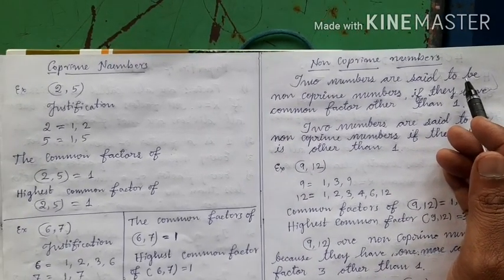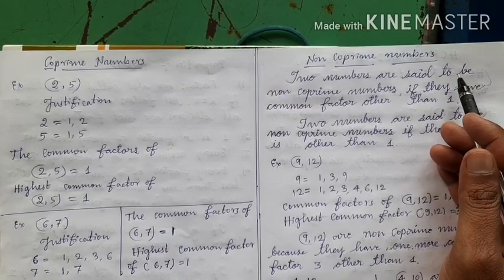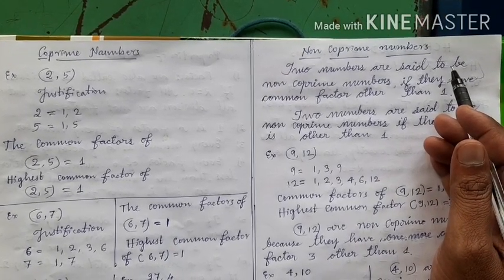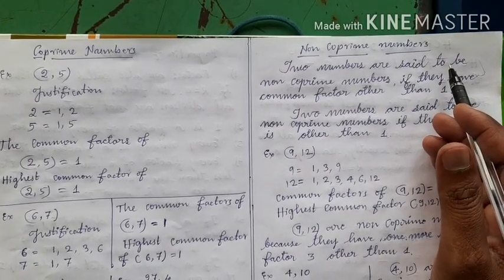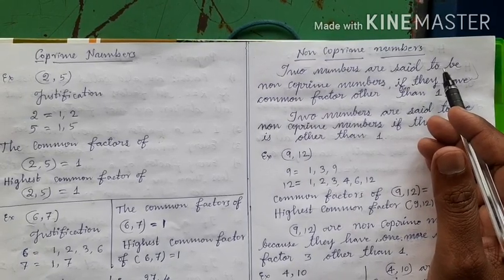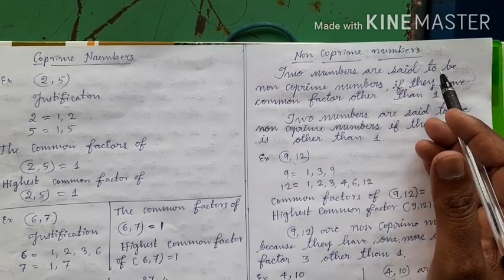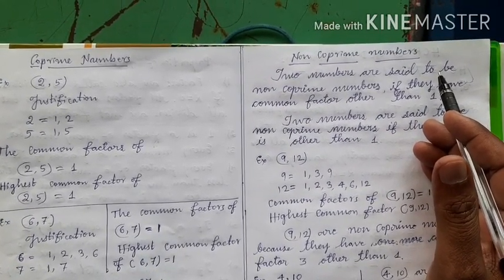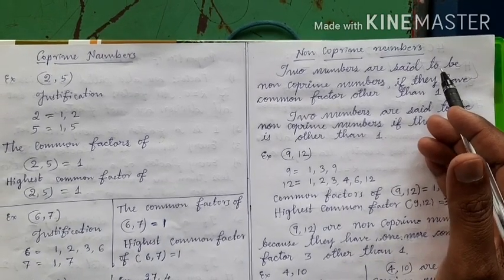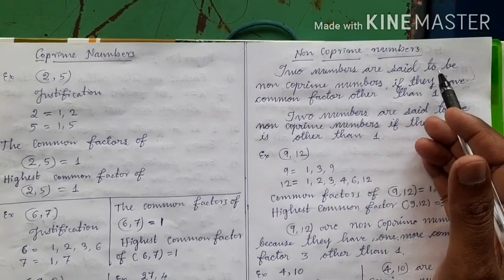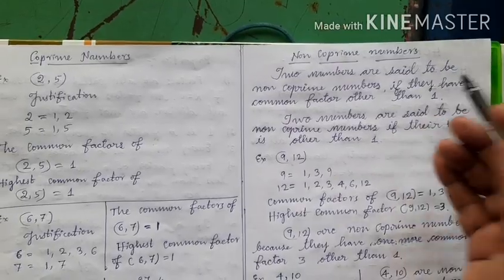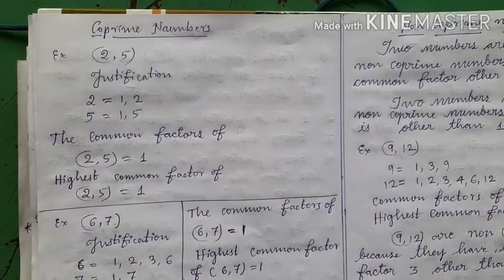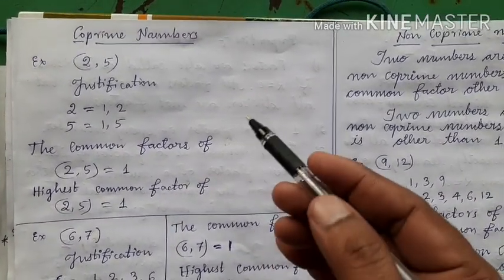If you have the idea about the common factors of two numbers or more than two numbers, then you will definitely be able to identify and justify your answer, whether the given numbers are co-prime numbers or non-co-prime numbers. So, what are co-prime numbers?